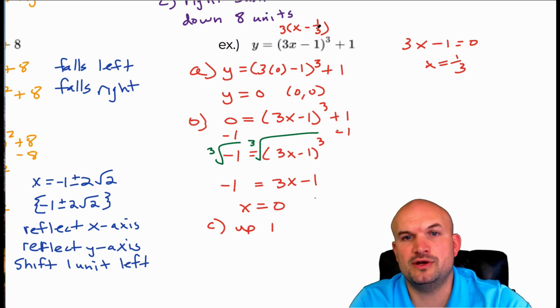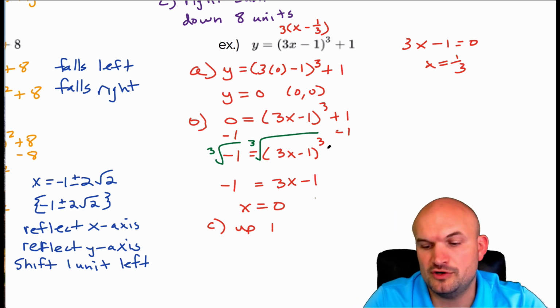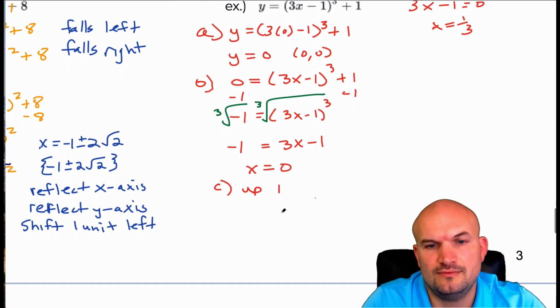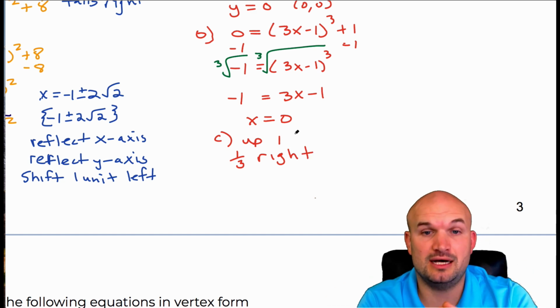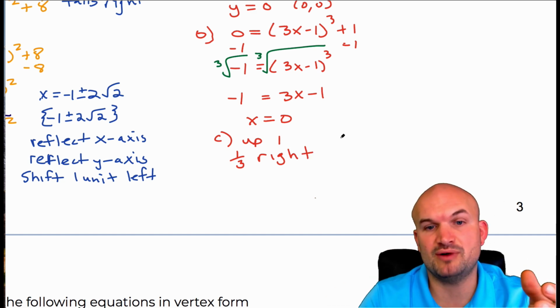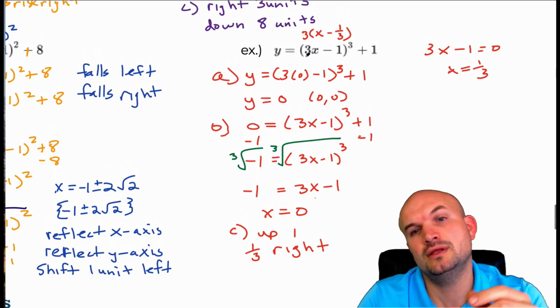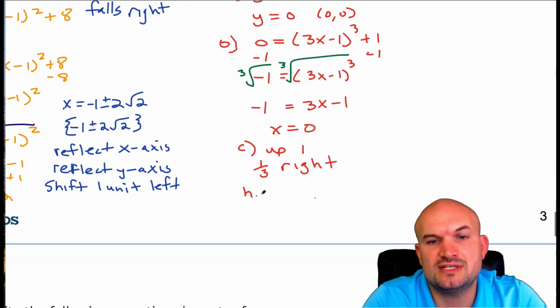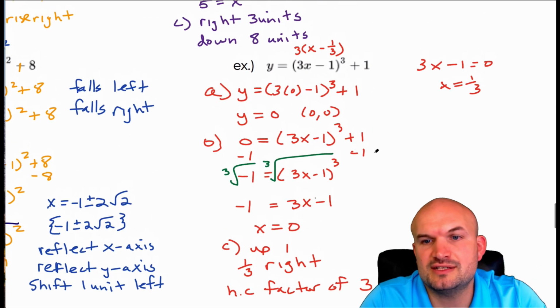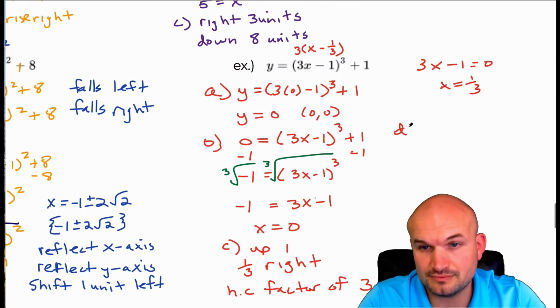So you're shifting it 1/3 to the right. And then we also have a horizontal compression by a factor of 3.